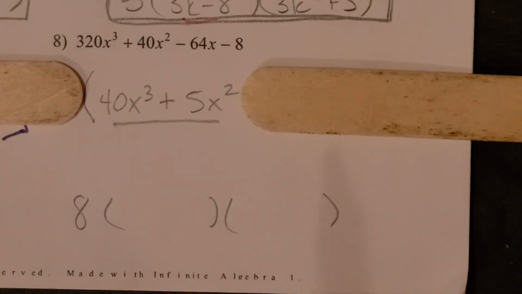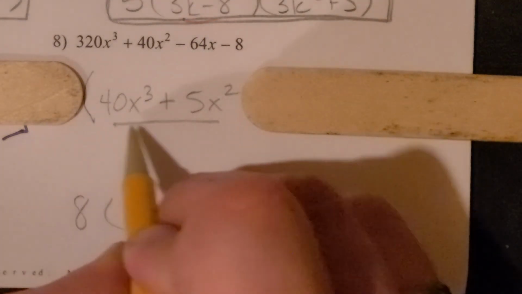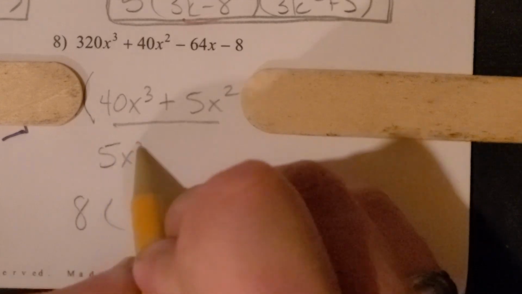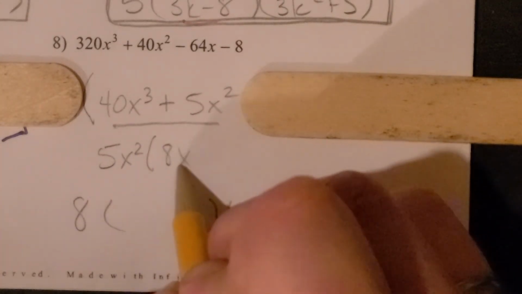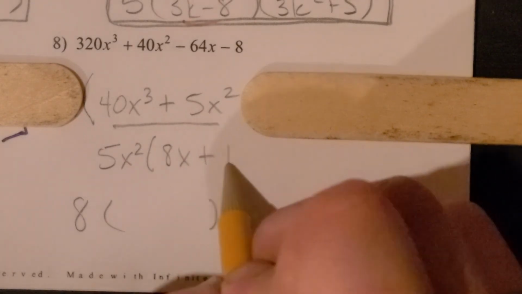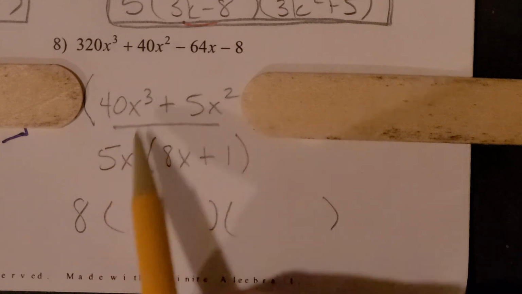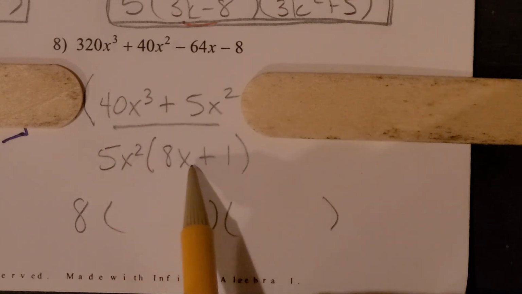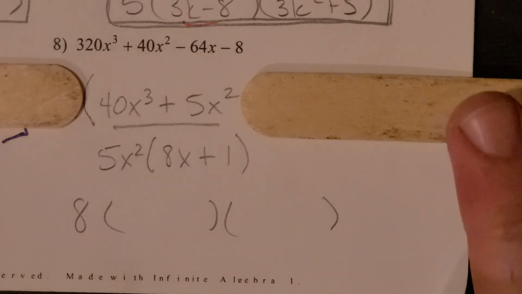What can I pull out of just those 2 terms? Looks like I can pull out a 5 and 2 x's. And then I'm left with 8x plus 1, right? Because if I take 40x cubed divided by 5x squared, I get 8x. And 5x squared divided by 5x squared, I get 1.